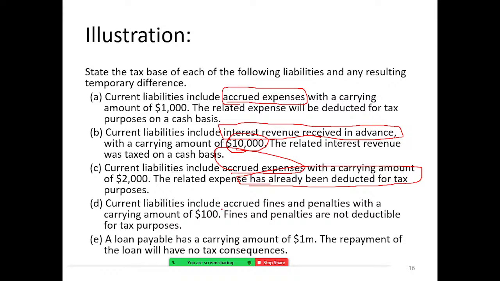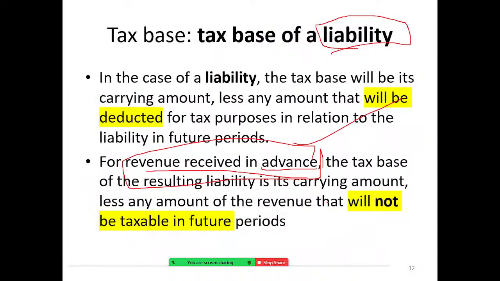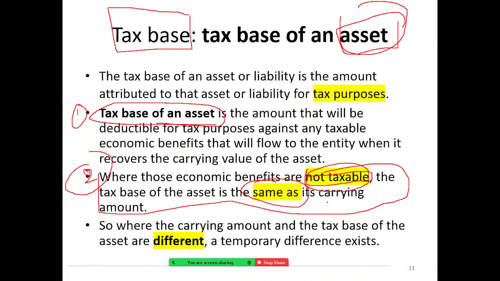And current liabilities include accrued fines. Here current liabilities include accrued fines and penalties with a carrying amount of 100. Fines and penalties are not deductible. Where those economic benefits are not taxable, the tax base of an asset is the same as its carrying amount.